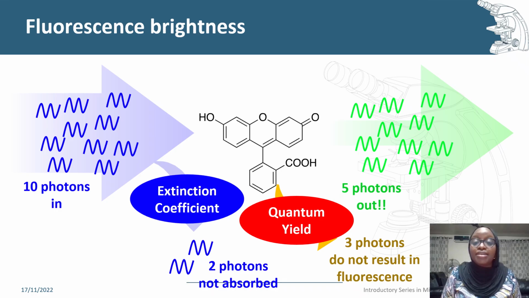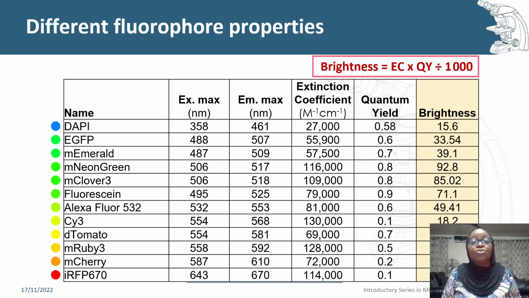The brightness at the end of the day is the output of a molecule. It is equal to the product of both the quantum yield and the extinction coefficient.